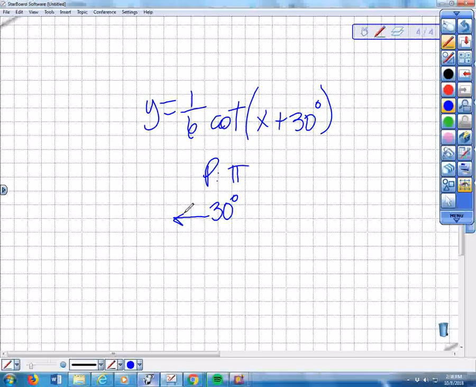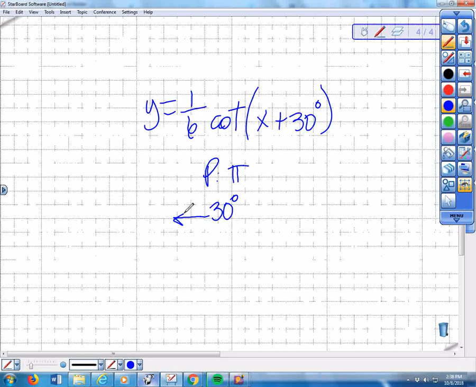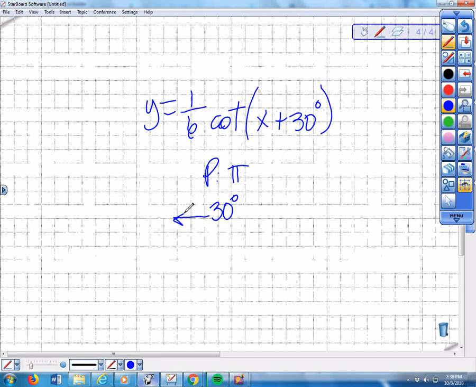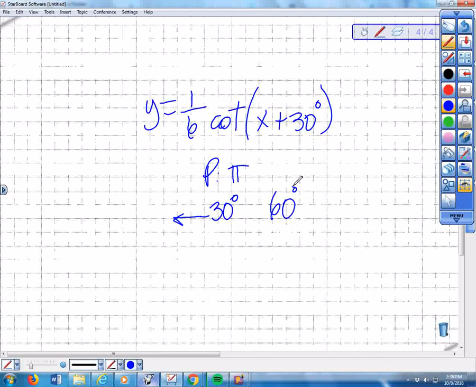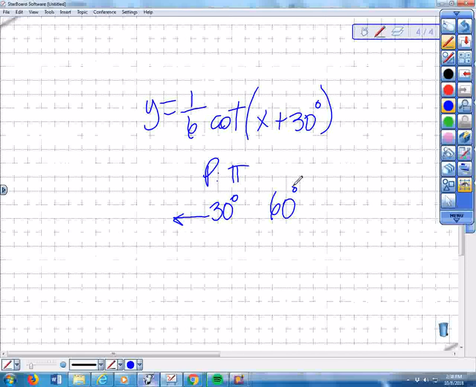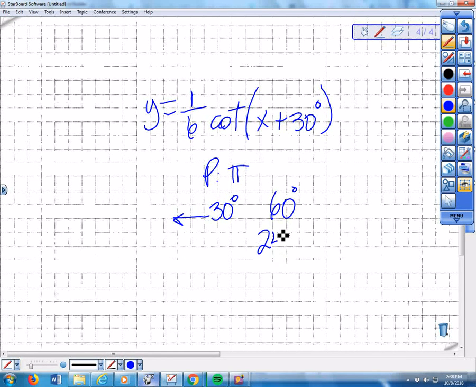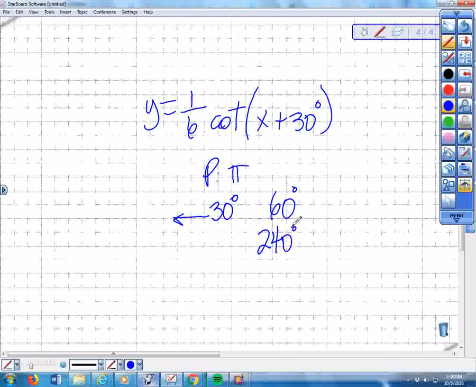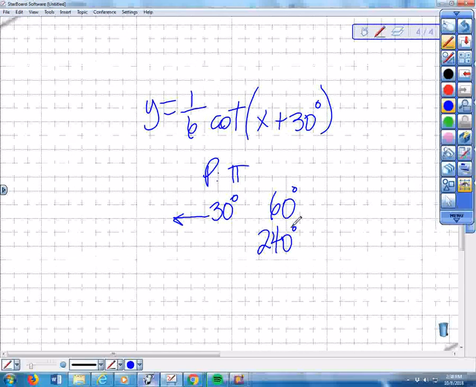So now we're shifting that from 90 to 60. So the asymptote happens at 60, and from 270 shifts over 30 degrees. So the next asymptote happens at 240. And then we go further with pi over 2 or 90 degrees beyond.